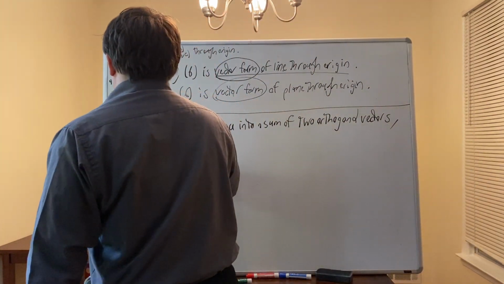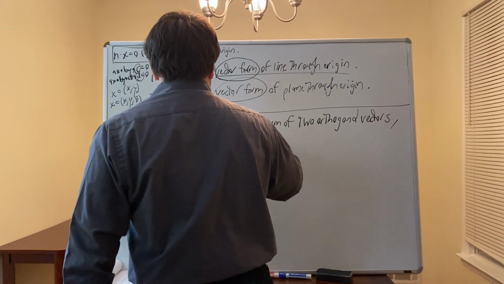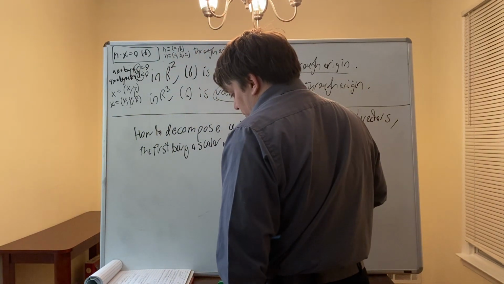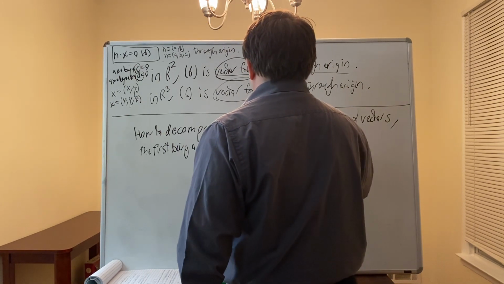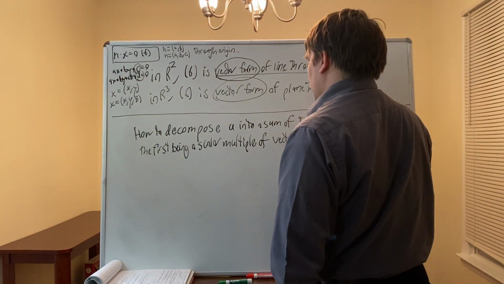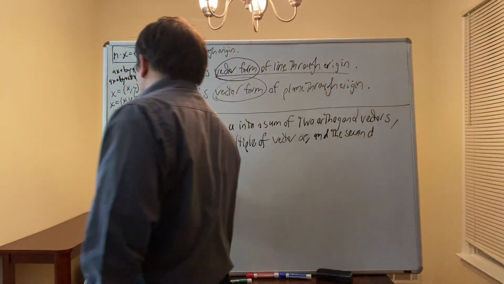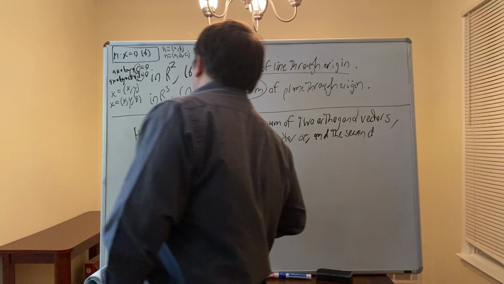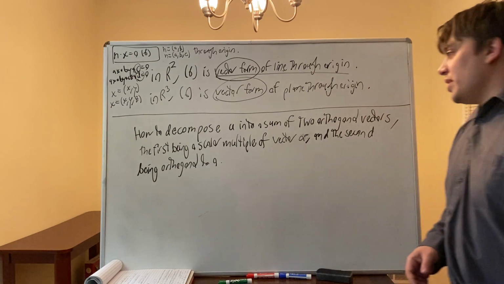The first being a scalar multiple of a given vector A, and the second being orthogonal to A. Okay, so how to decompose U into a sum of 2 orthogonal vectors, the first being a scalar multiple of vector A, and the second being orthogonal to A.